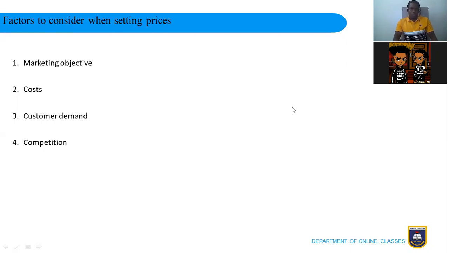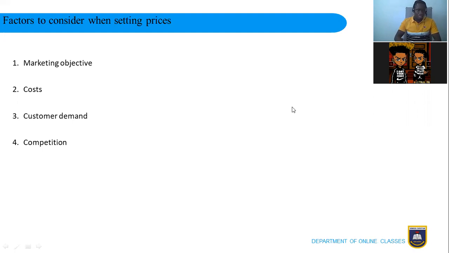So why are you increasing yours? Then I will shift my attention to substitutes. So in fixing prices for a product, this has to be considered. Then let's move on to the fourth factor.